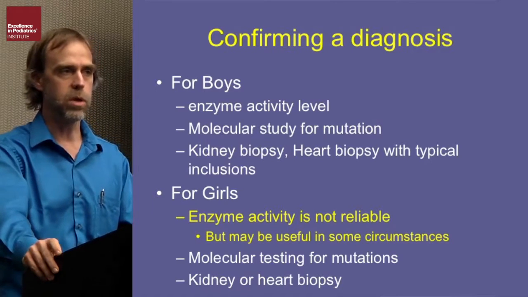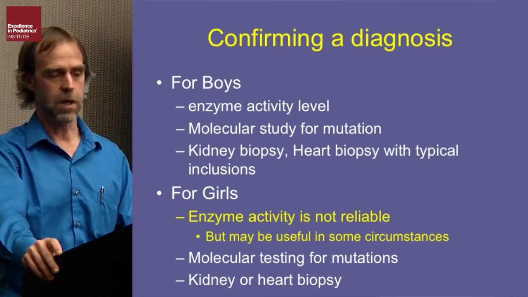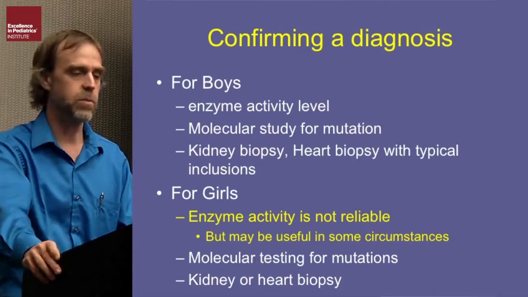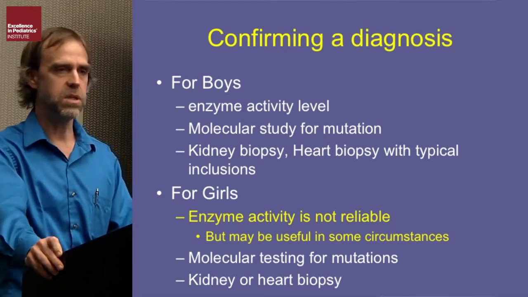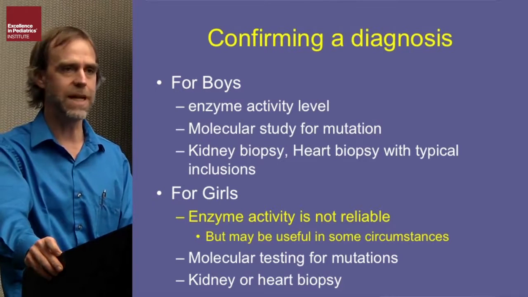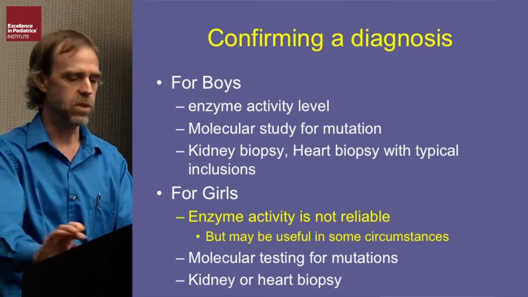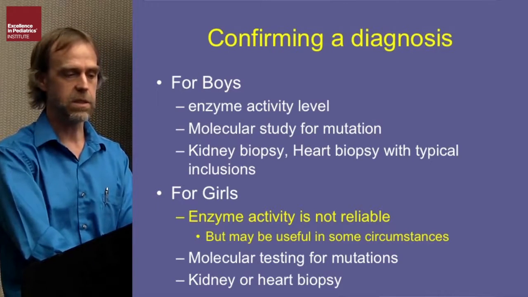So in a boy where you need to know, is there Fabry disease, the standard test has typically been to measure the enzyme activity. And that can be done through a number of labs. So if you find a lab that does biochemical genetic testing, you can ask for that testing to be done.